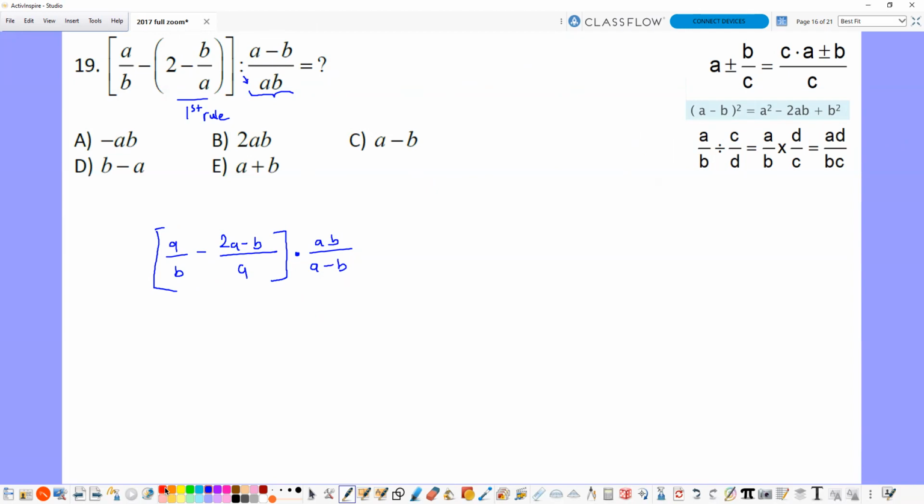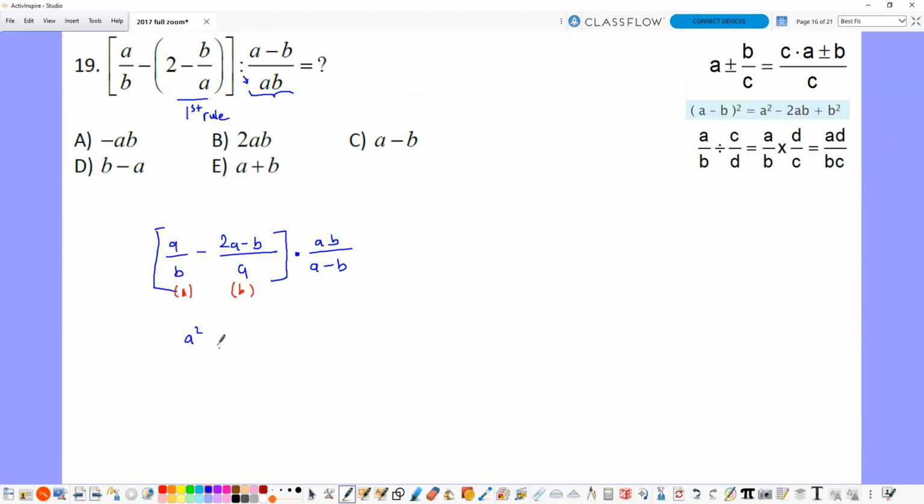So I'm going to write the denominators the same, because if the denominators are not the same, you cannot do an operation. To make them the same, I'm cross multiplying A times B, it's going to be AB times A. Okay, that's the same. So it's going to be equal to A times A is equal to A square.